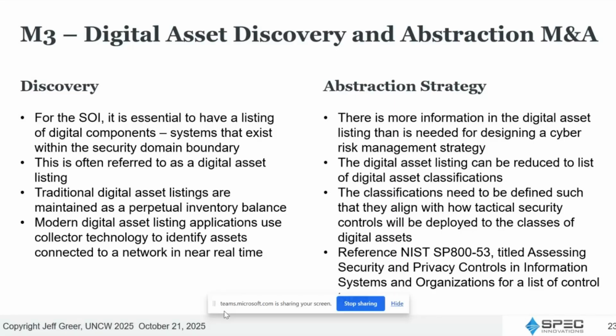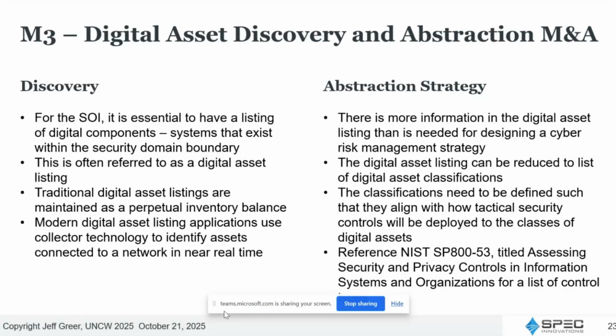But within that security domain boundary, what are the digital assets? Now, one of the benefits of model-based system engineering is that you can abstract the model and elide or eliminate information that is not essential to your decision making. So there's more information in the digital asset listing than is needed for designing a cyber risk management strategy.